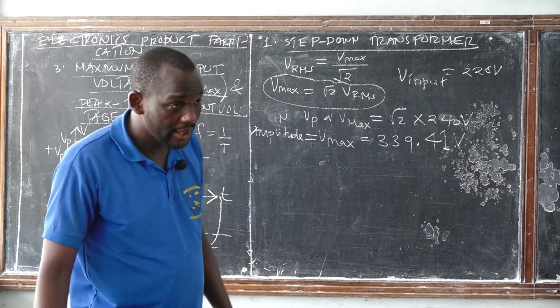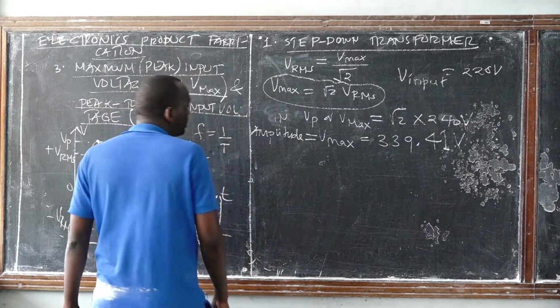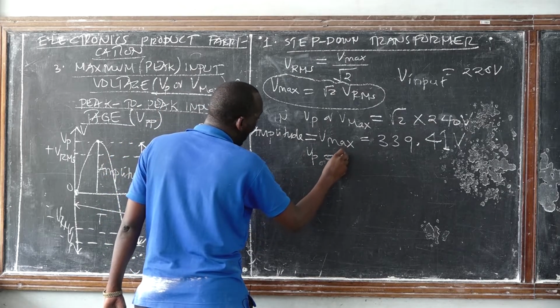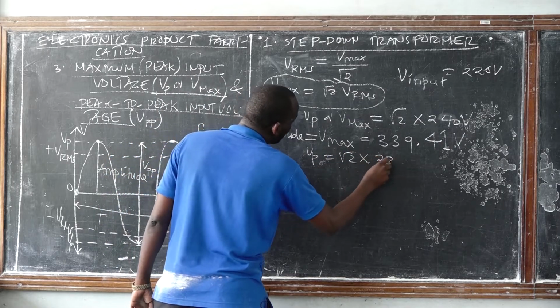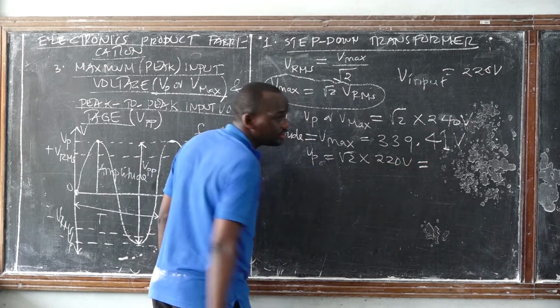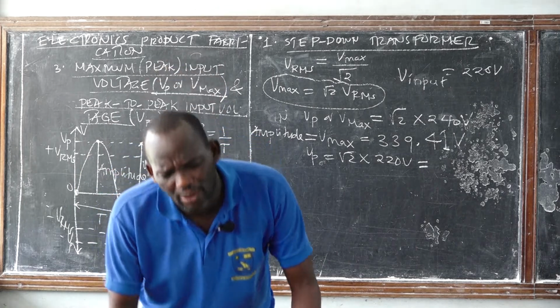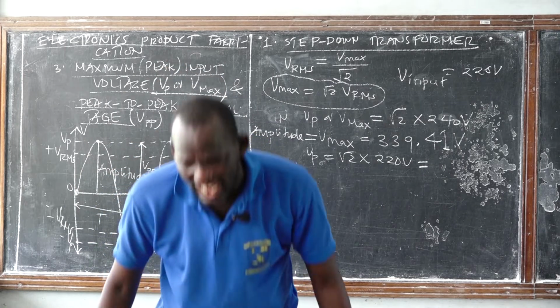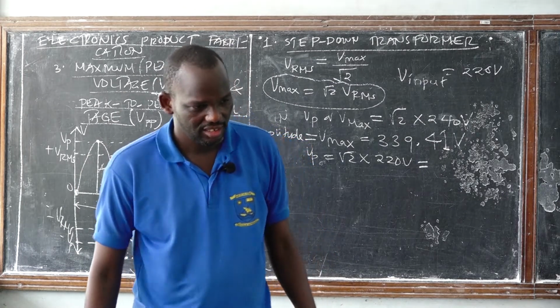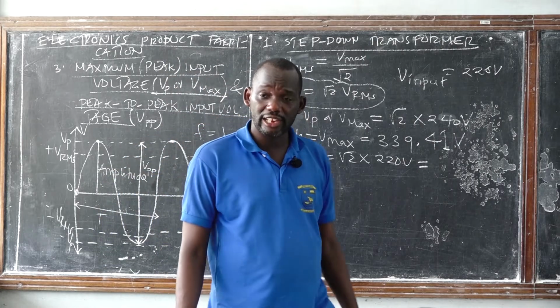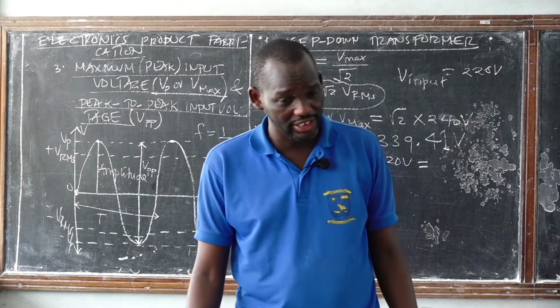So according to the range, V peak, if you have 100 times 220 volts, is equal to what? Speak loudly, my dear students. I have more than 50 students in this class, but you don't hear even the voice.